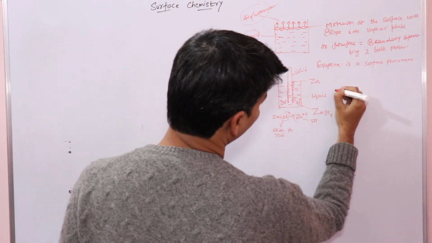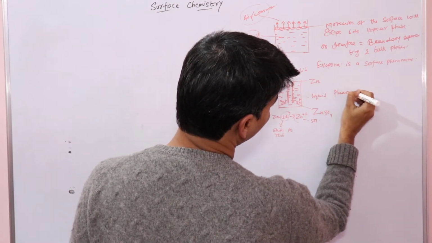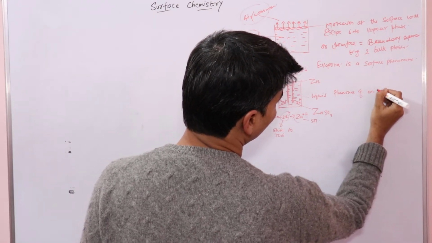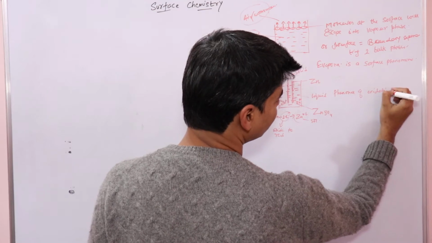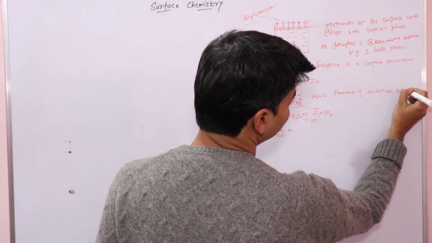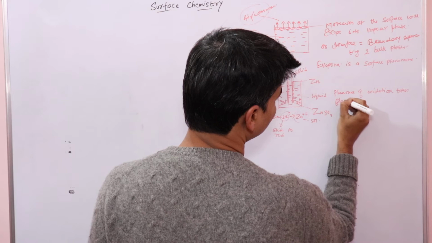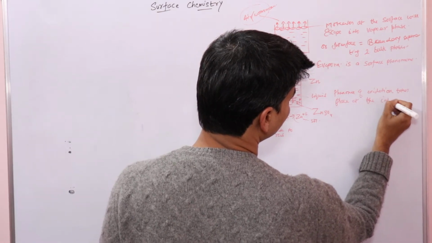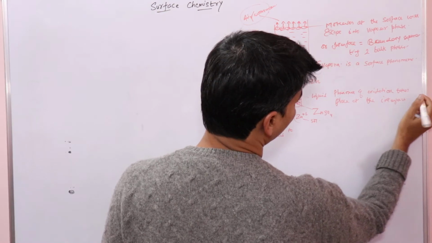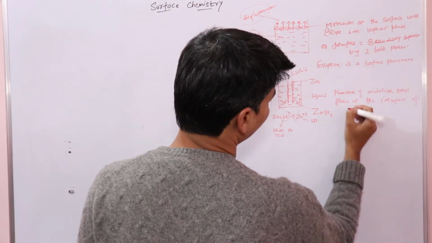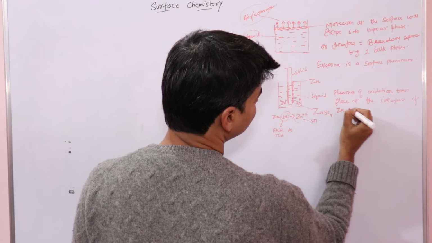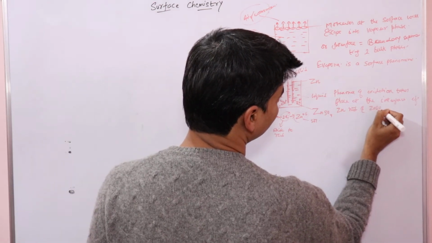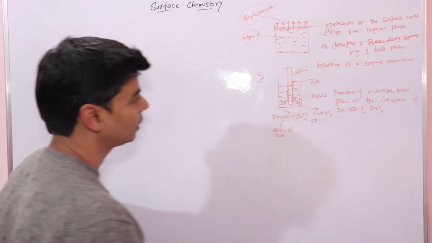So this phenomenon, the process of oxidation, takes place at the interface of the zinc rod and the zinc sulfate electrolyte, which is a liquid.